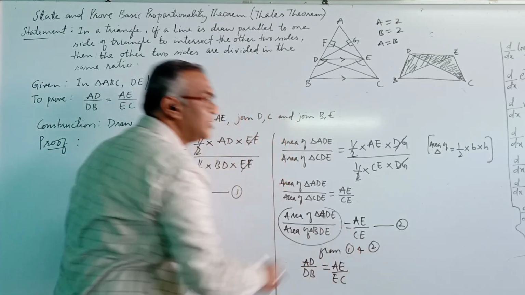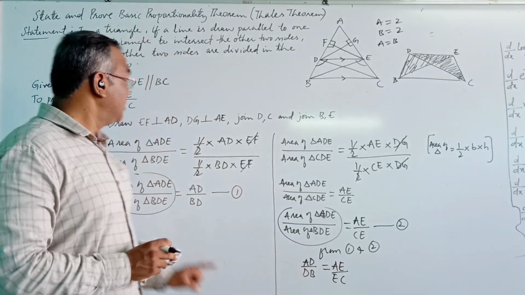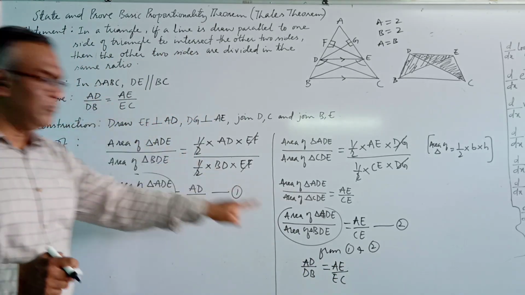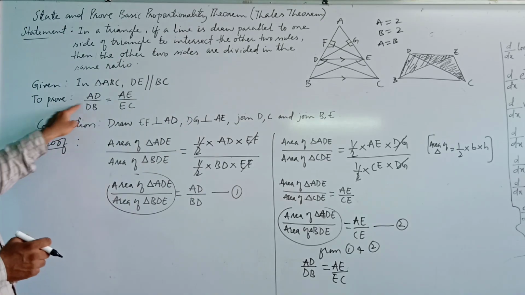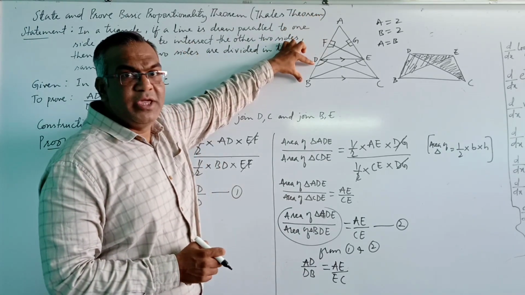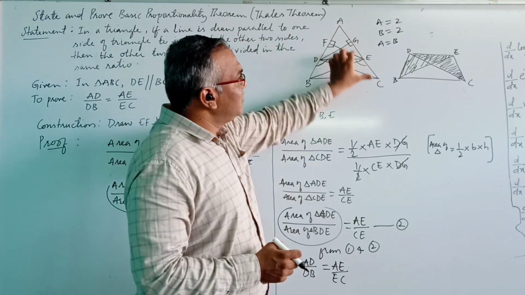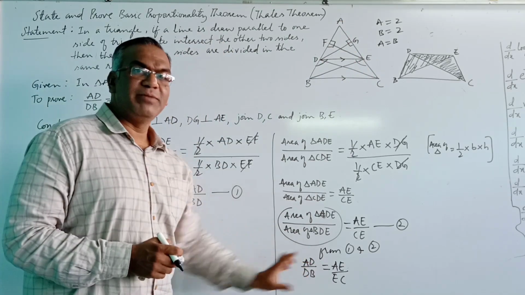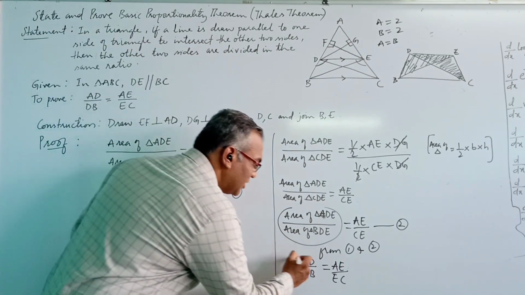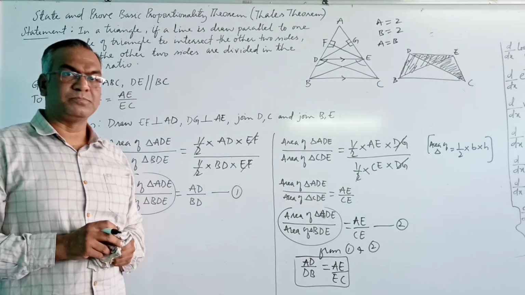Yes, CE can be written as EC. So AD divided by DB is equal to AE divided by EC. This is what we had to prove. We have to prove this ratio AD divided by DB is equal to AE divided by EC. Hence, we proved the theorem. This is the basic proportionality theorem.